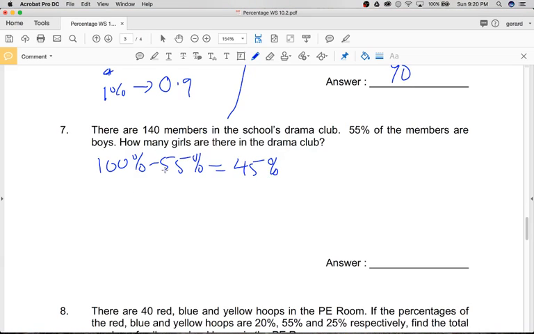So what we need to do now is, the total is 140, so 100% is 140 members. If you want to find 45%, all you need to do is find 1%, dividing by 100, which gives 1.4. Then to find 45%, you take 1.4 times 45.